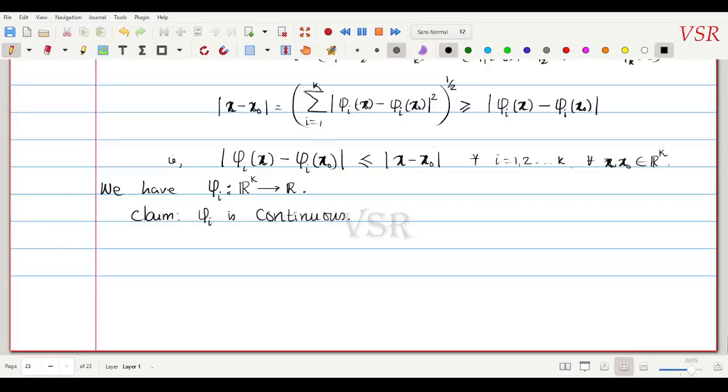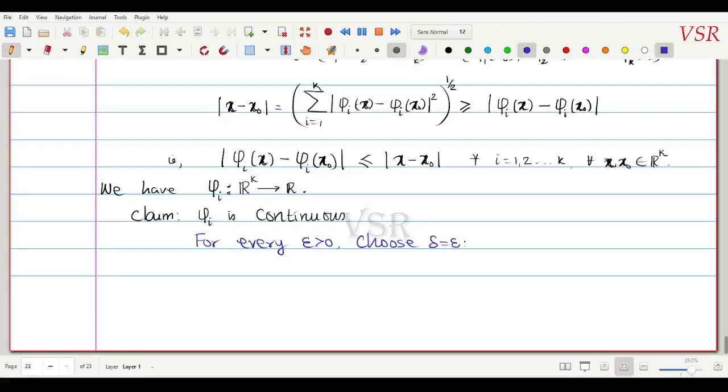Shall we prove it? Very simple. For every epsilon positive, choose delta which is equal to epsilon.